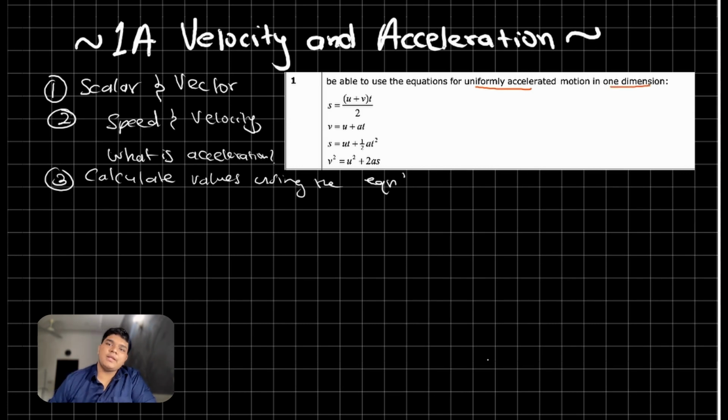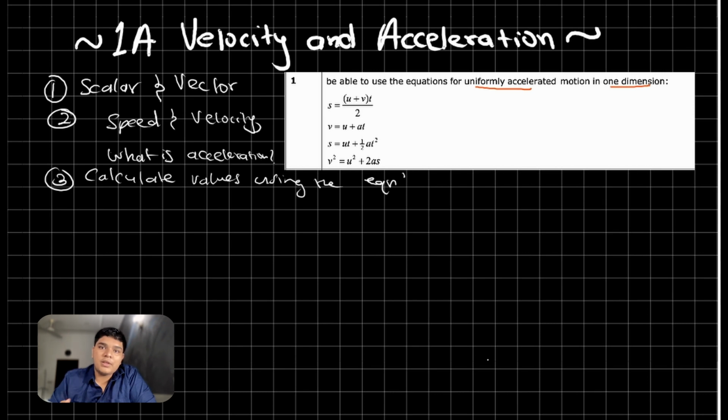First and foremost, let me explain what is meant by uniformly accelerated and what we mean by one dimension. It's pretty self-explanatory, but let me get to it very quickly. When a vehicle moves, for instance when you're driving on the highway and you have to overtake someone, you accelerate the vehicle. Accelerating is essentially talking about how quickly your speed increases.